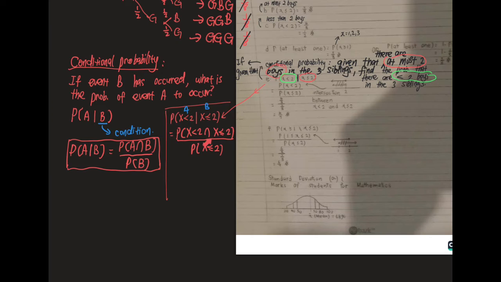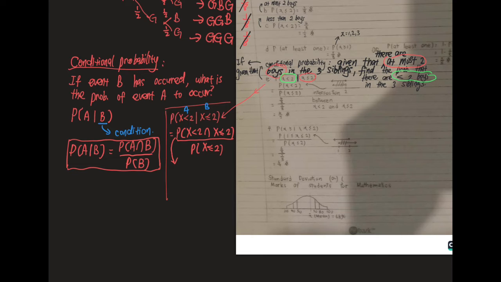At the end they simplified it to this, P(X less than 2). You see the numerator has been simplified. How did they simplify it? You have to see the intersection. You may use a number line to see that, but if I'm explaining this, I don't even need a number line. I just list down the values.